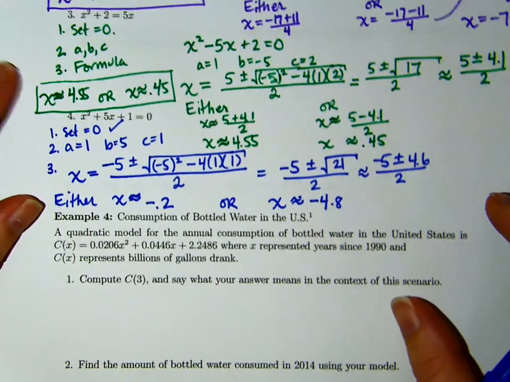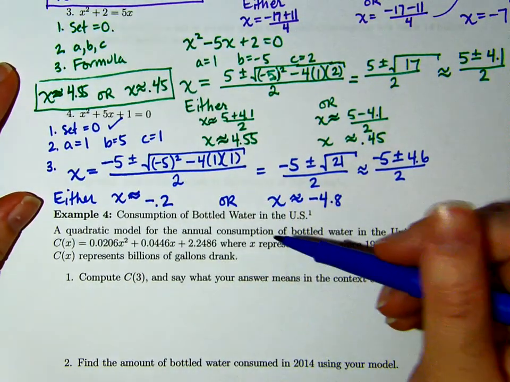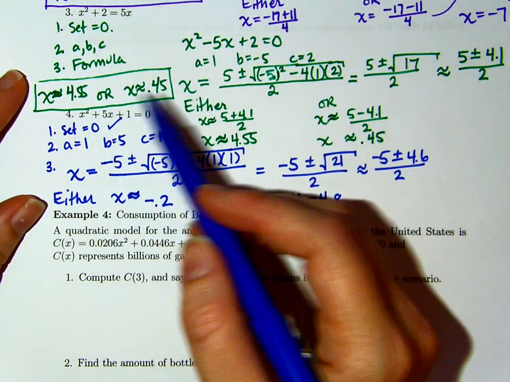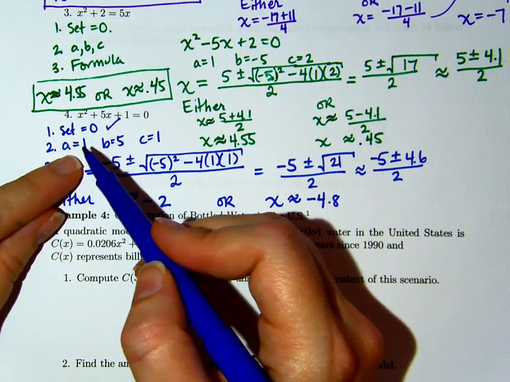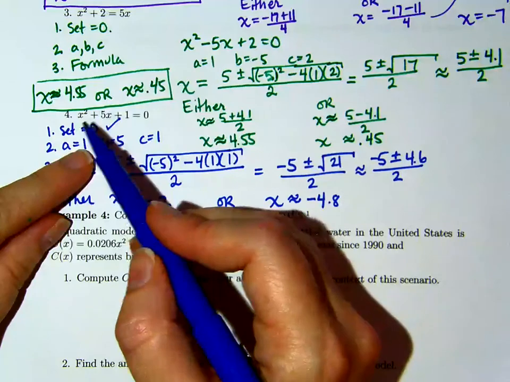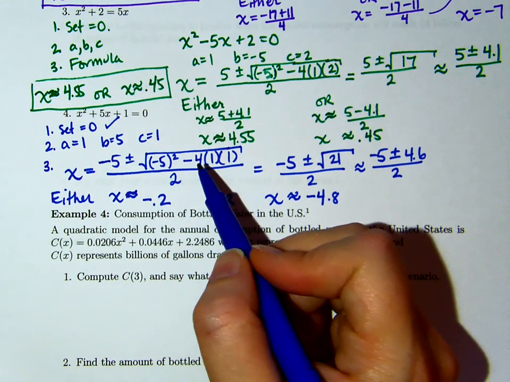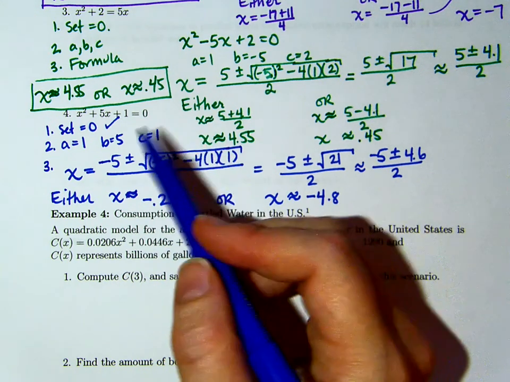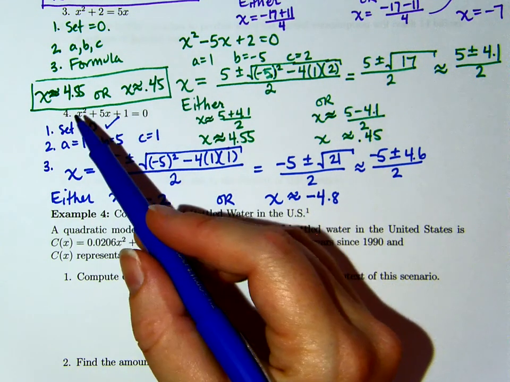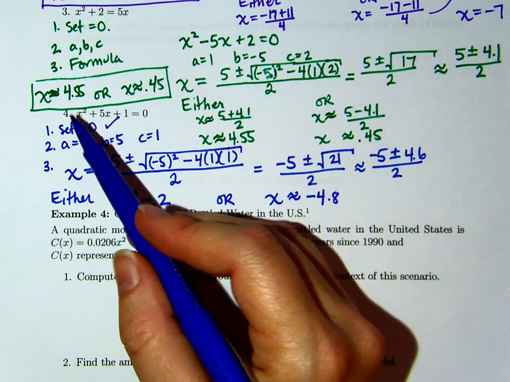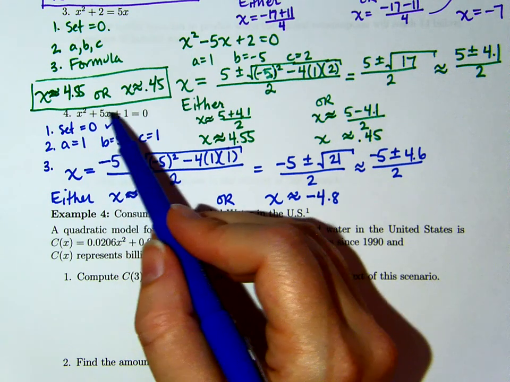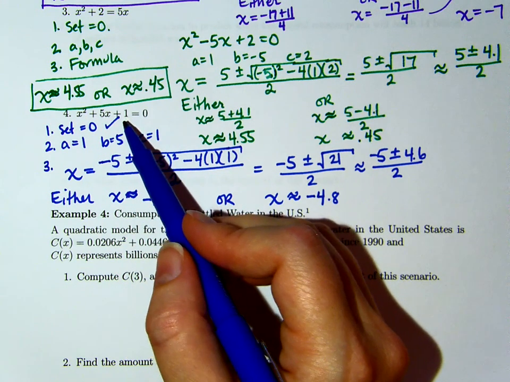I was hesitating before going on to example 4, just because I was thinking, if a had been 5, like 5x squared plus 5x plus 1, then we would have had, no, it would have to be even more than that. Let's suppose for fun, this had been 7x squared plus 5x plus 1.